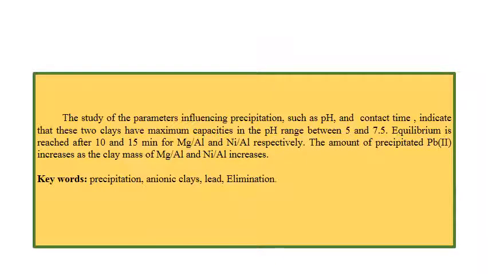Equilibrium is reached after 10 and 13 minutes for MgAl and NiAl respectively. The amount of precipitated Pb2+ increases as the clay mass of MgAl and NiAl increases. Keywords: precipitation, anionic clays, lead, elimination.